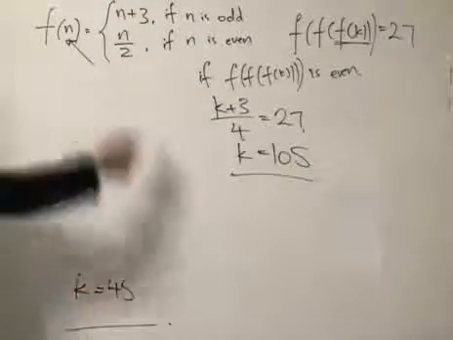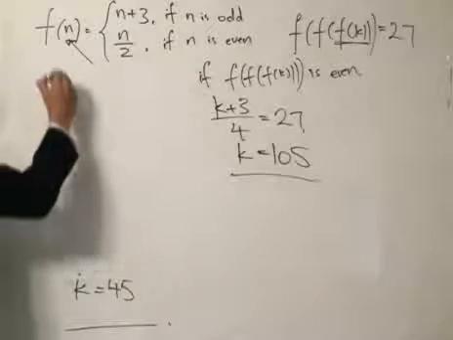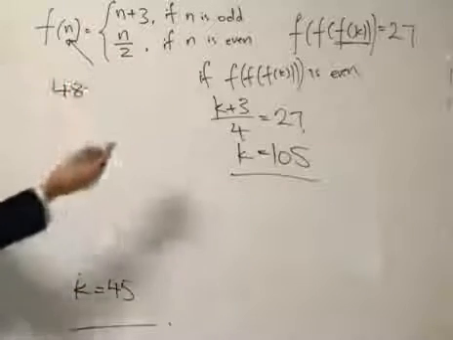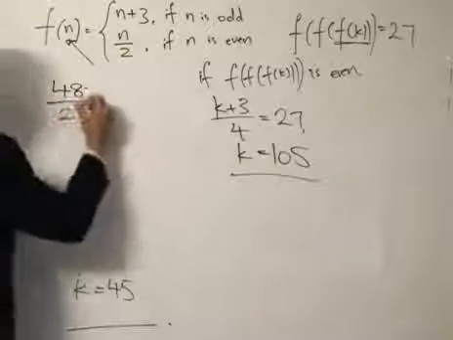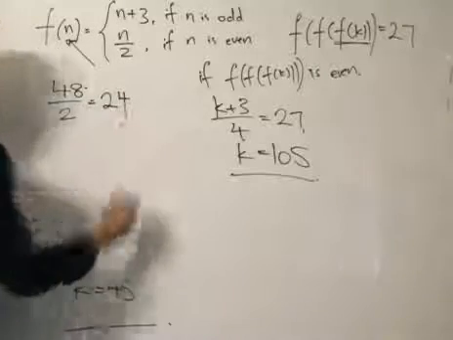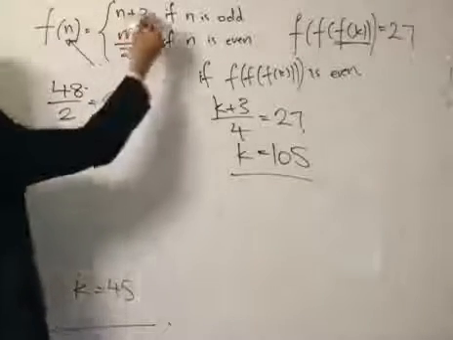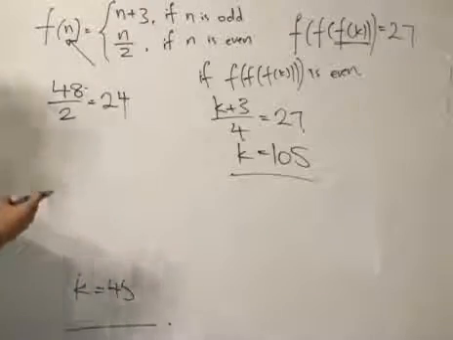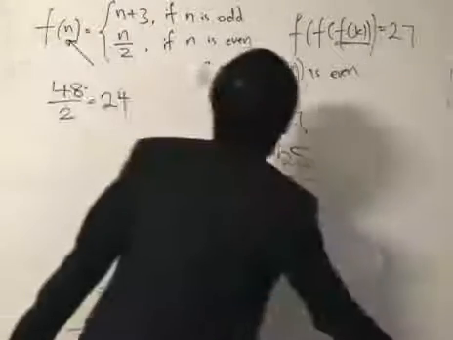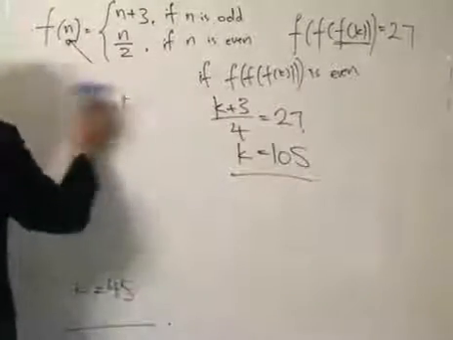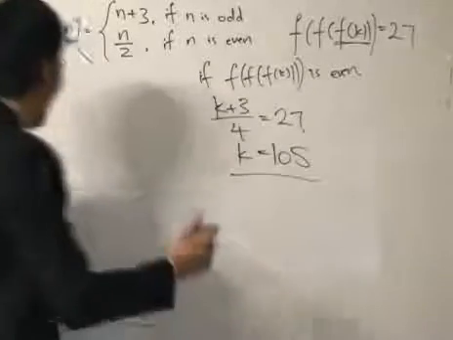Okay, so k equals 45, the first one we will get 48. Right? And the next one is divided by 2, so we will get 24, okay? And remember, we said that this occurs if it is odd, so we were going to be plus 3, okay? Sorry, wait. Okay, forget that. You just apply the thing recursively.